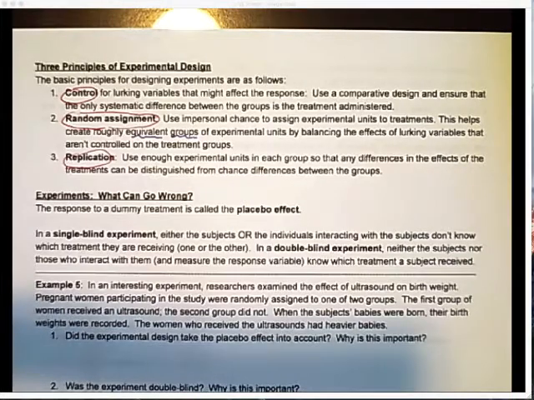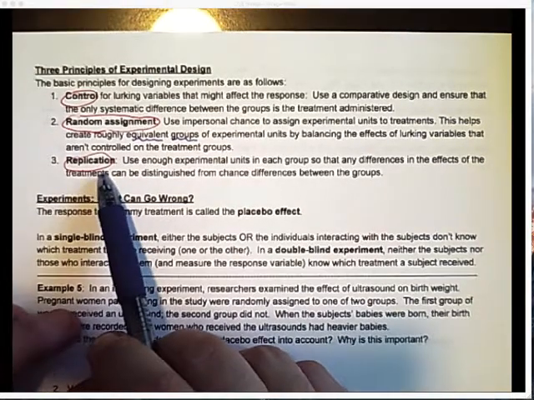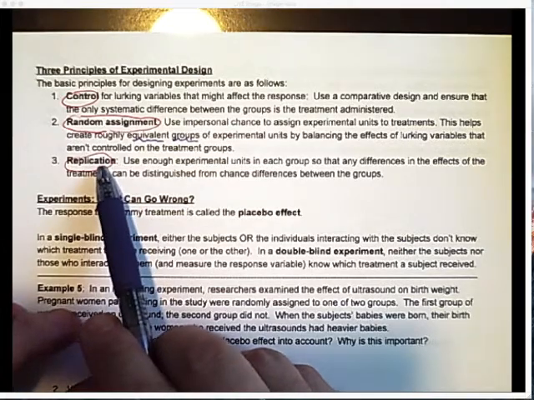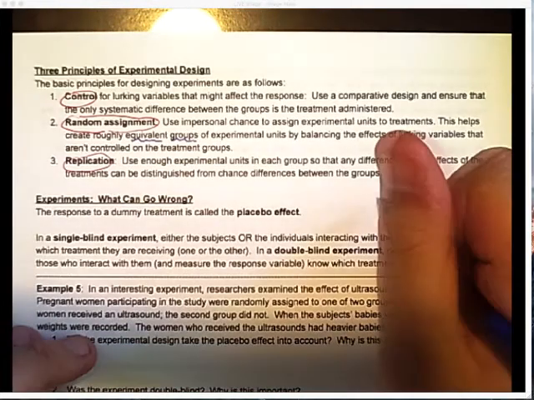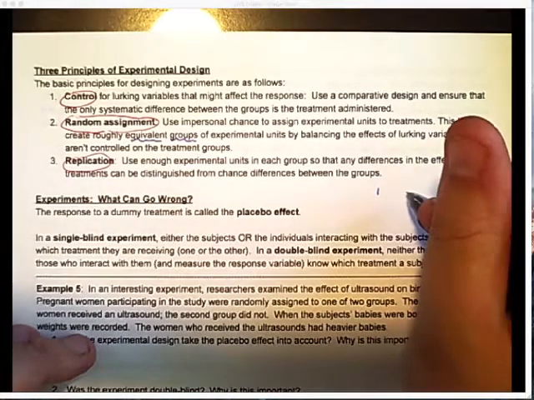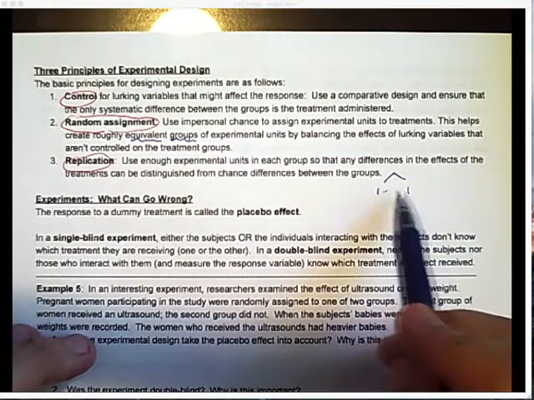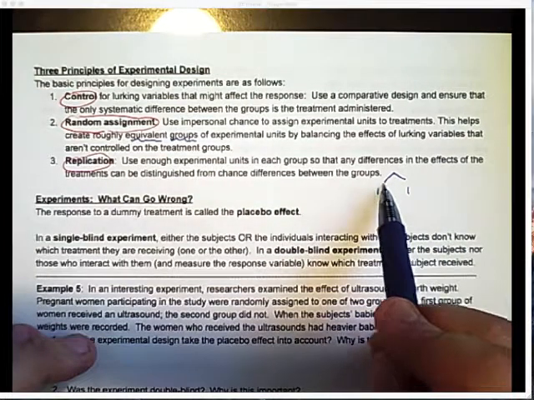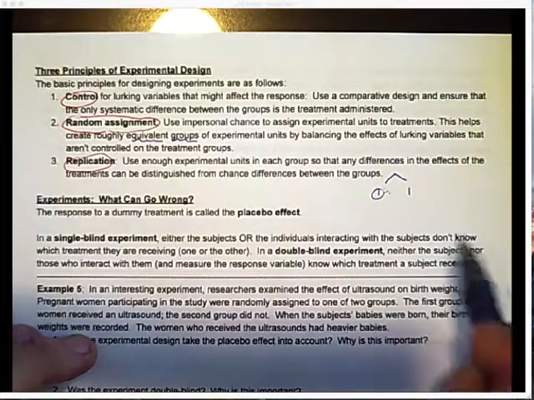And the last principle of experimental design is replication. So this doesn't mean replicate the experiment. What this means is that you have enough people in each group to be able to draw conclusions. Okay. So for example, if you had an experiment, but you only had one person in the first group and one person in the second group, and let's say they're both middle-aged men, and you give this one guy a medication and you give this guy a placebo.